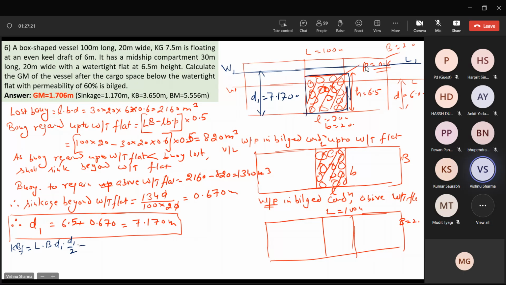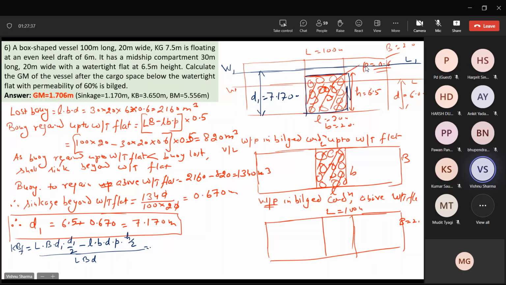So that volume is LBH into P, and its distance from the keel will be H by 2, 6.5 by 2, divided by LBD.